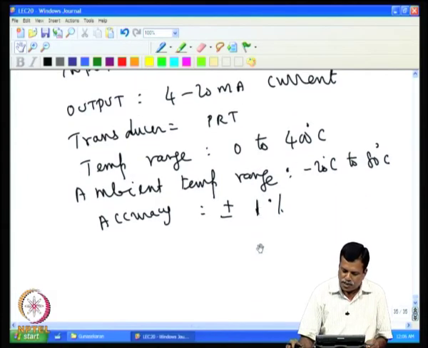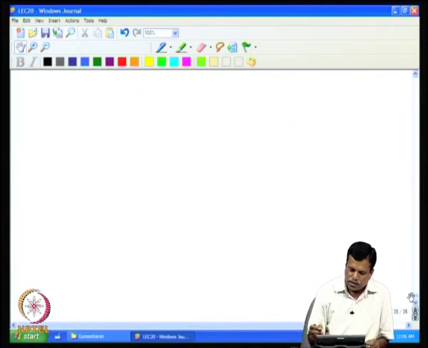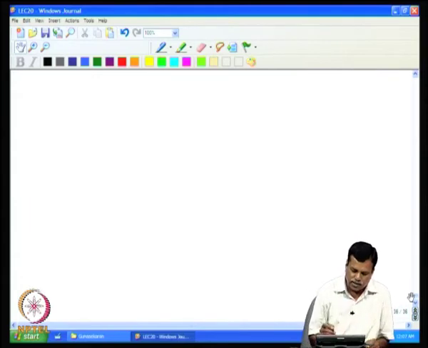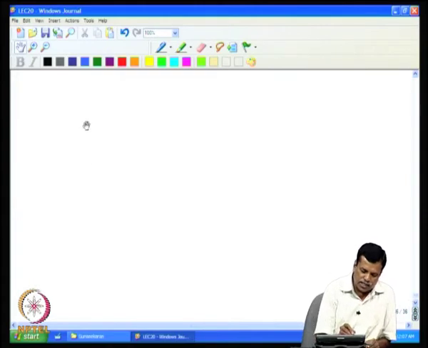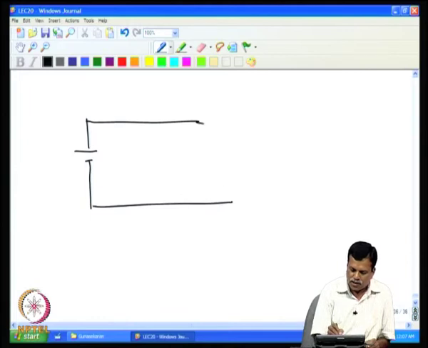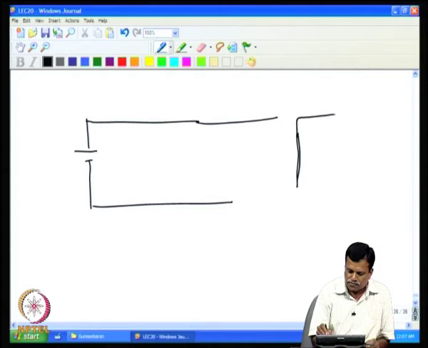So, the input is 24 volt DC. On the input only we will be connecting the measuring instrument also. So, essentially the 24 volt DC input supply looks connected like this to the system. So, you have a 24 volt DC supply, and it is connected through a long wire, and then you have our electronic circuit coming here.